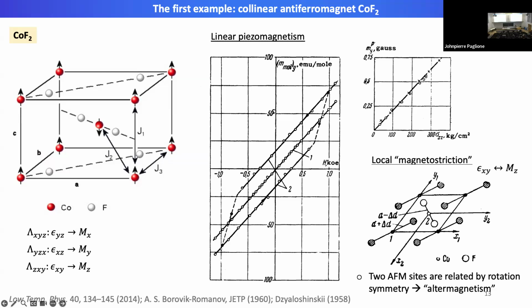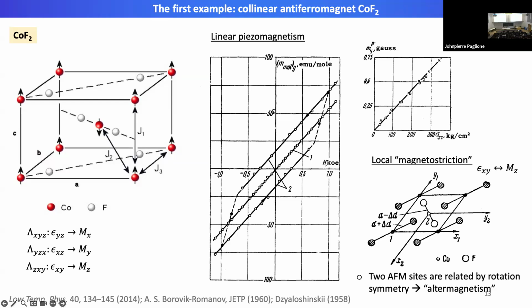function of stress, which fits very well with the definition of the linear piezomagnetic. So in terms of the microscopic origin of this, I think this original paper from JTP has a very nice illustration, where here we have the top view of the magnetic structure from the z-axis.